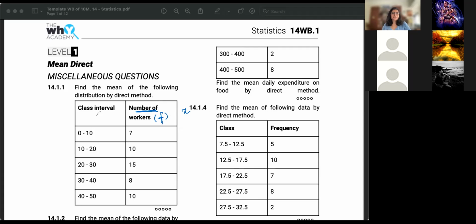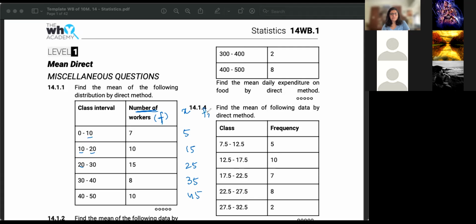First of all, check whether the class intervals are continuous or not. If not, you'll have to make them continuous. Here 10, 10, 20, 20 is continuous, so nothing else to do. Class mark of 0 to 10 will be 5, then 15, 25, 35, 45. So you have your fi, you have your xi.